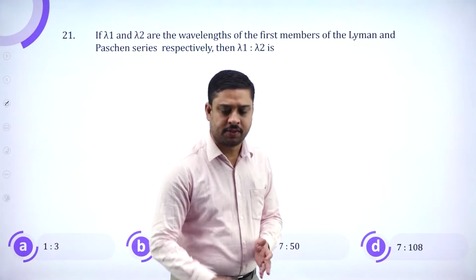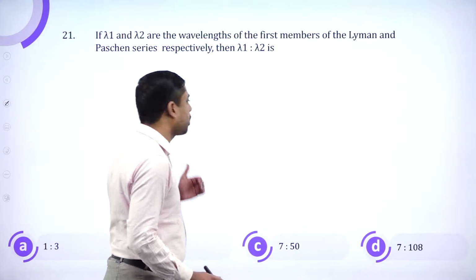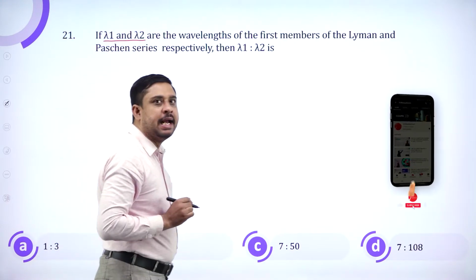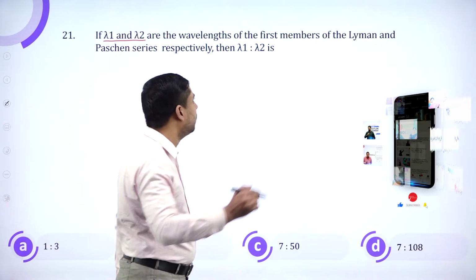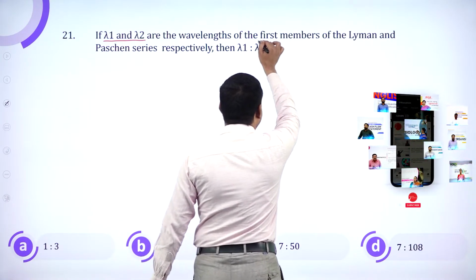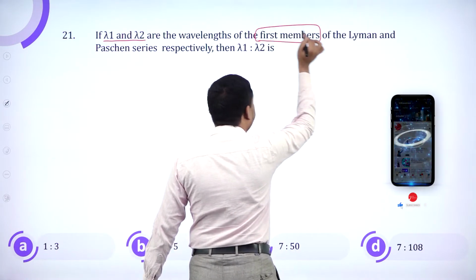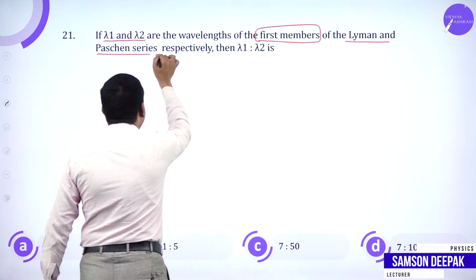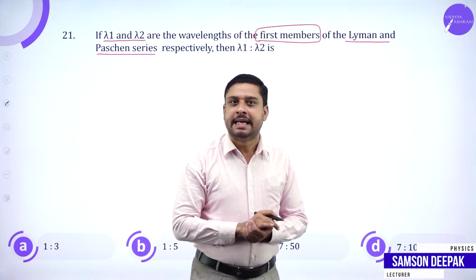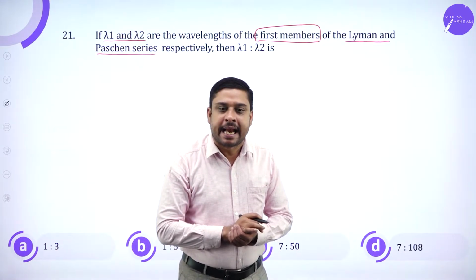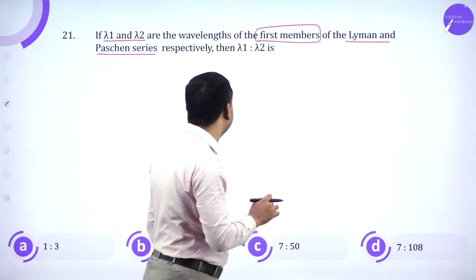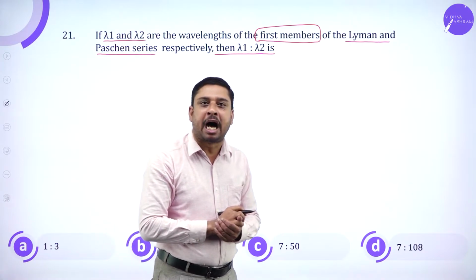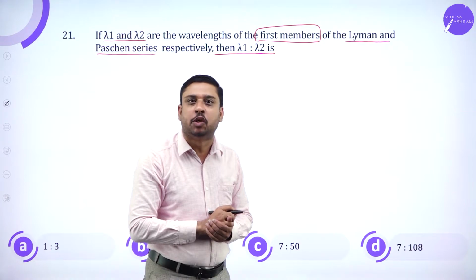The next question, students. Now the question reads, if lambda 1 and lambda 2 are the wavelengths of the first members of the Lyman and Paschen series, then lambda 1 is to lambda 2 has to be calculated.